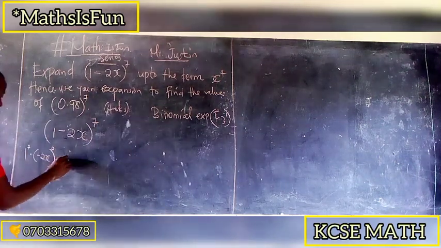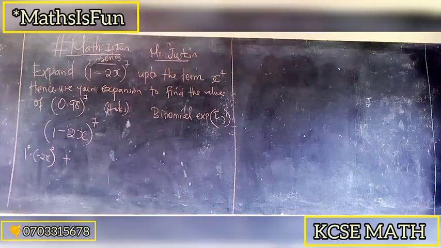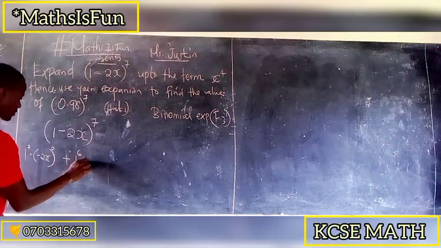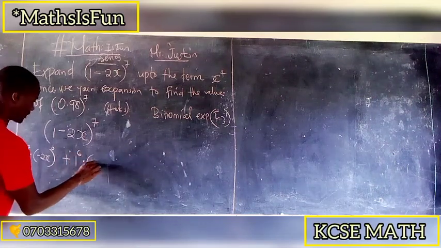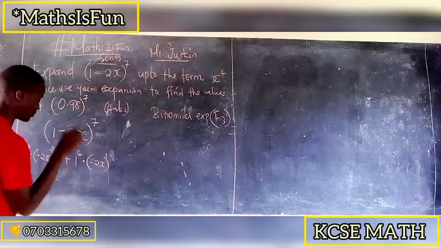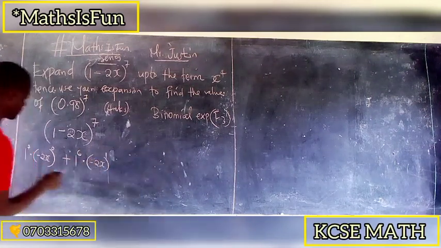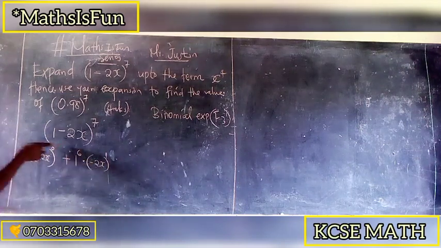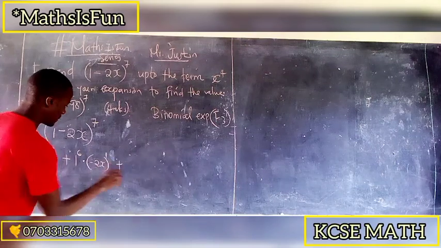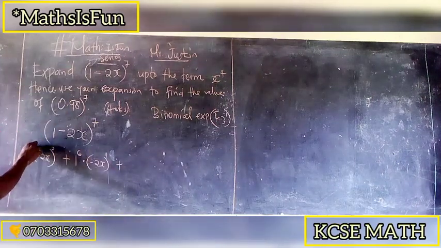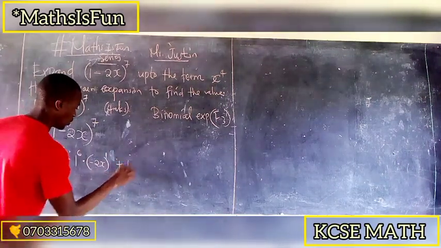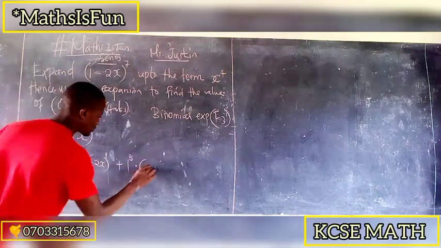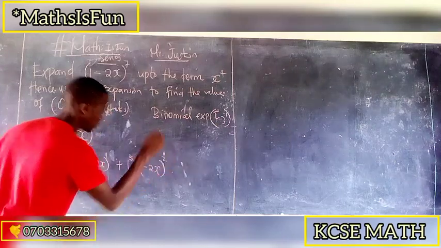So we'll add the next term: 1 raised to power 6 multiplied by negative 2x raised to power 1. Now it will be 1 raised to power 5 multiplied by negative 2x raised to power 2.